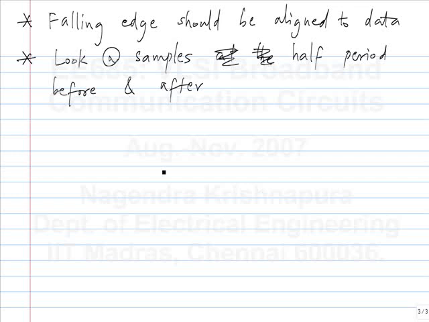Okay, let's see. What is the scheme? You have to have 2 samples at the rising edge and 1 at the falling edge. So basically, you need 3 flip-flops, right? You need a little bit more, but that we will see.